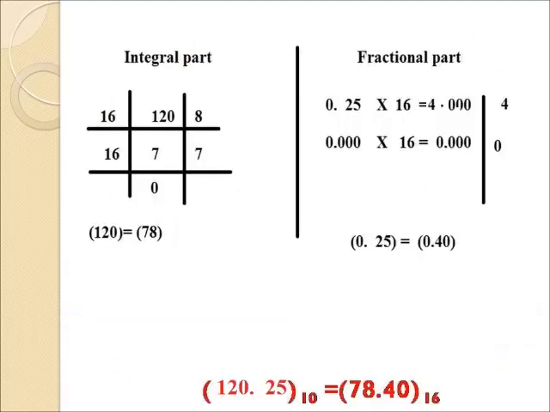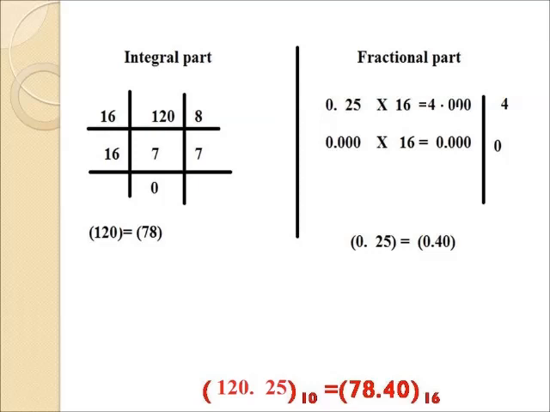Here you can see the first question of the decimal to hexadecimal conversion. 120.25 is the given decimal, and here we are converting that into hexadecimal.